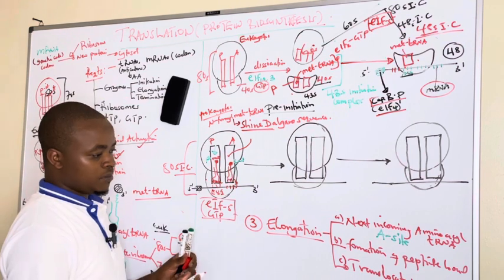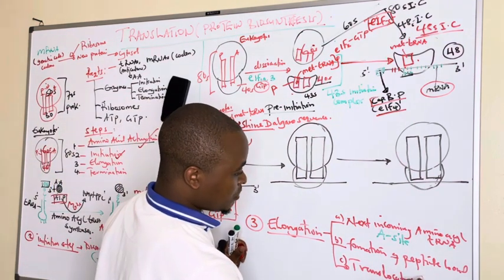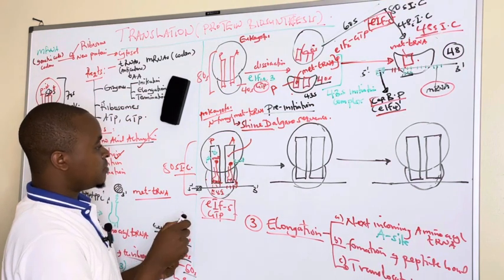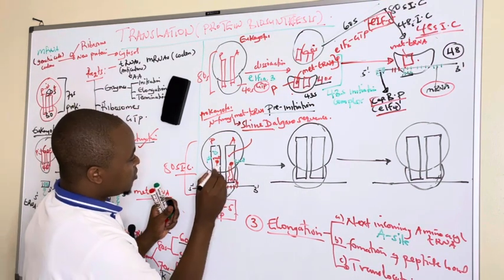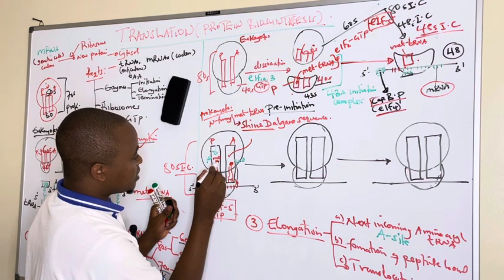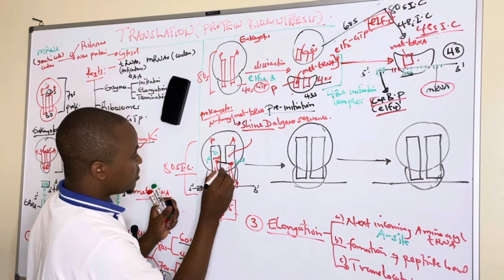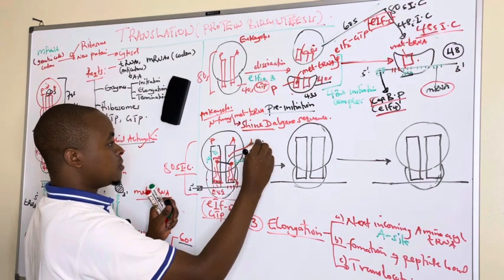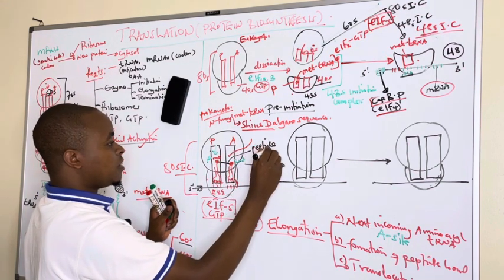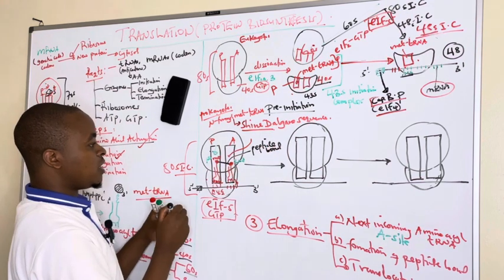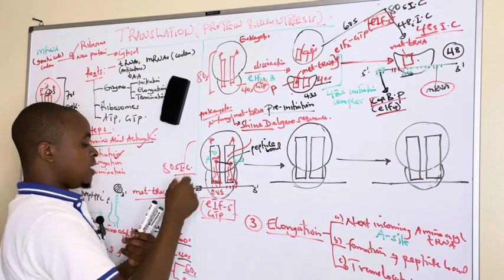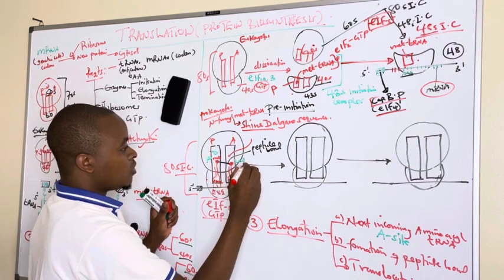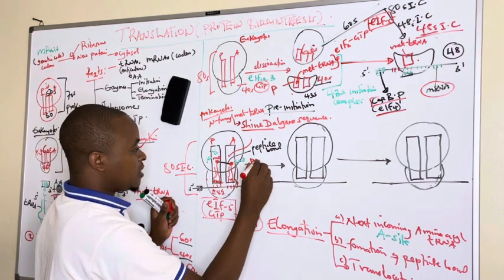We need an enzyme known as peptidyltransferase. So the peptidyltransferase enzyme comes and forms the peptide bond between the first amino acid and the second amino acid. So it facilitates the formation of the peptide bond. And this peptide bond formed between the first and the second amino acid in the P site and the A site respectively is catalyzed by an enzyme known as peptidyltransferase.